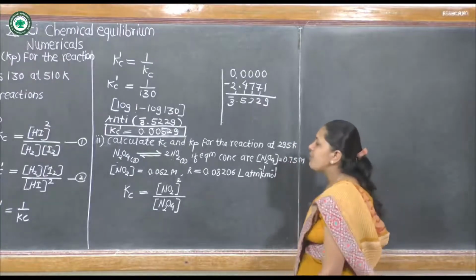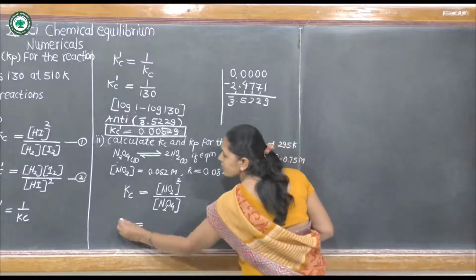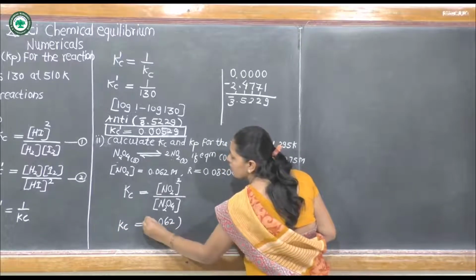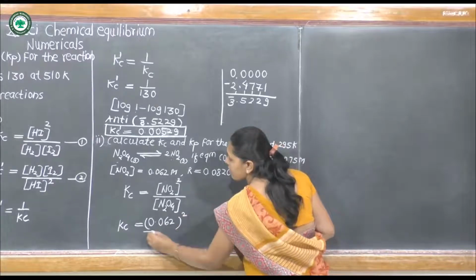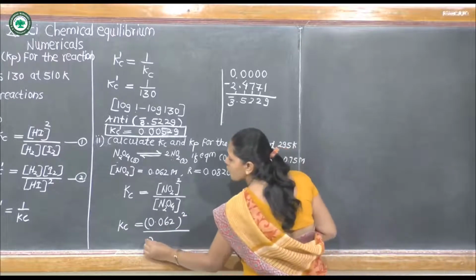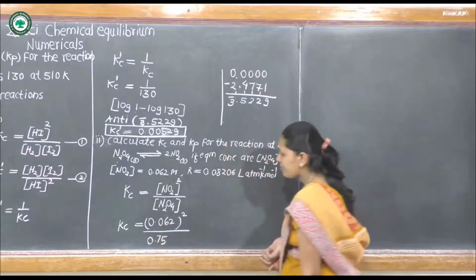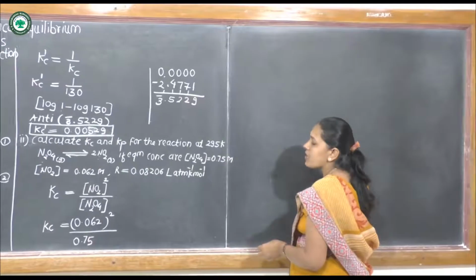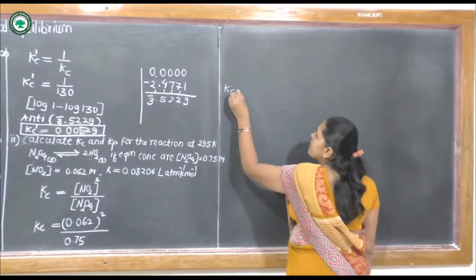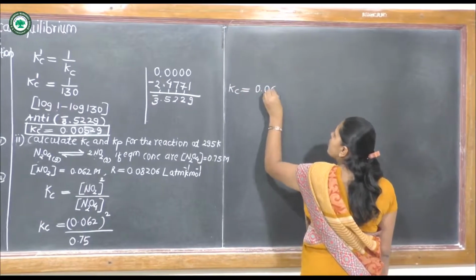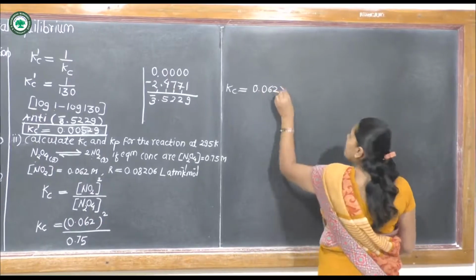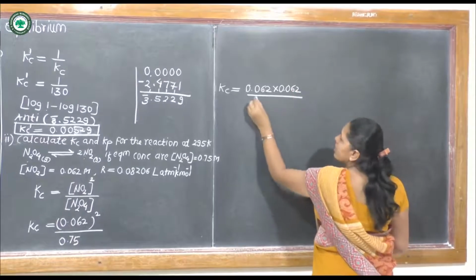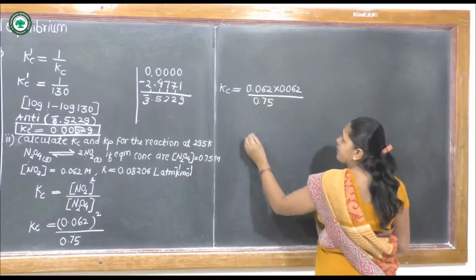Substituting this value in equation, we get Kc is equal to 0.062 square divided by N2O4 0.75. Then by solving this by using log table, Kc is equal to 0.062 multiplied by 0.062 divided by 0.75.